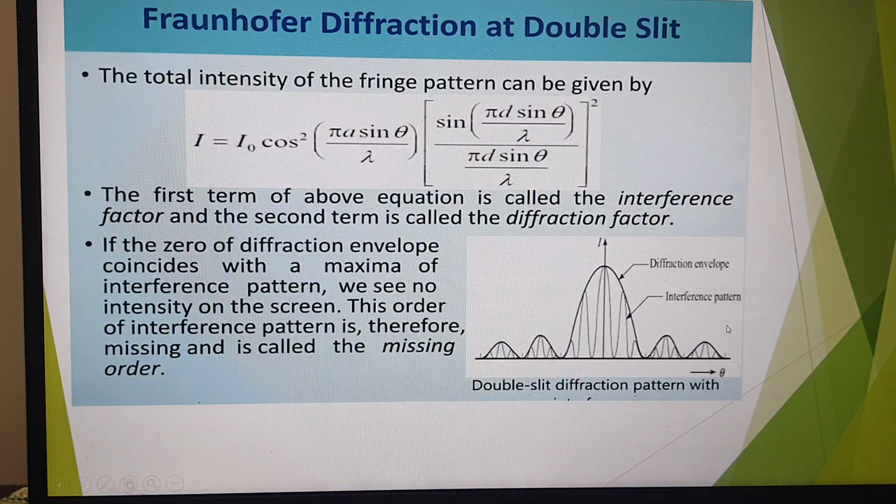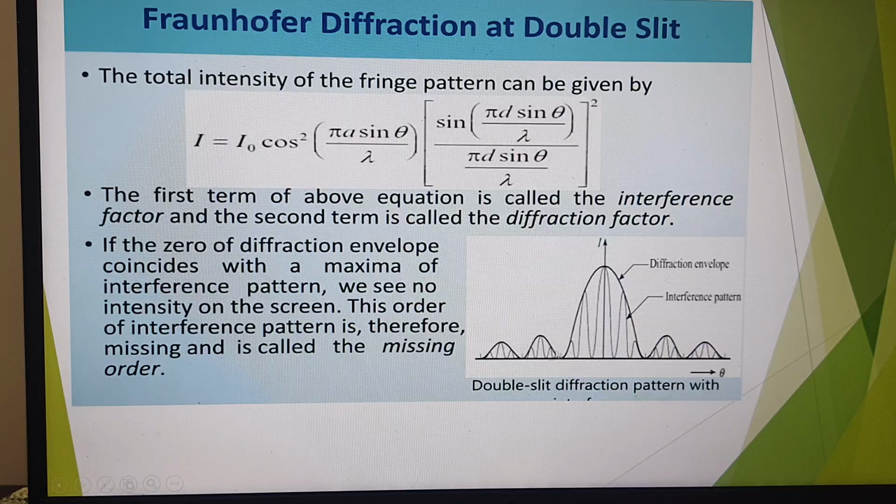Next, in Fraunhofer diffraction, we can find the total intensity of the fringe pattern. If you observe the diagram here, the first curve is the diffraction envelope and the second wave is the interference pattern.